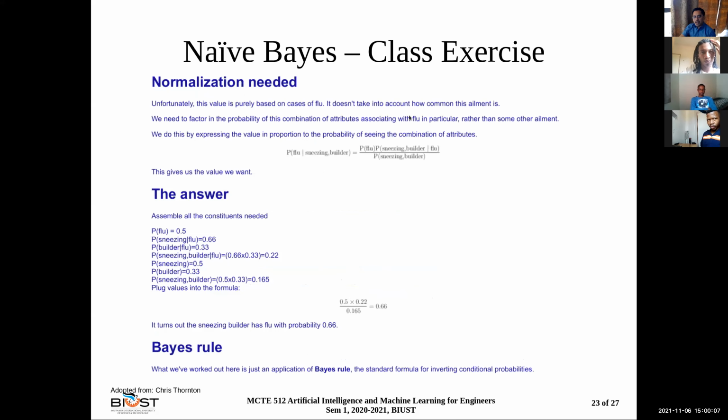In the right hand side of the equation, based on the history, given that you have flu and you are a sneezing builder, what is that probability, multiplied by the probability of the flu, divided by the probability of the sneezing builder?